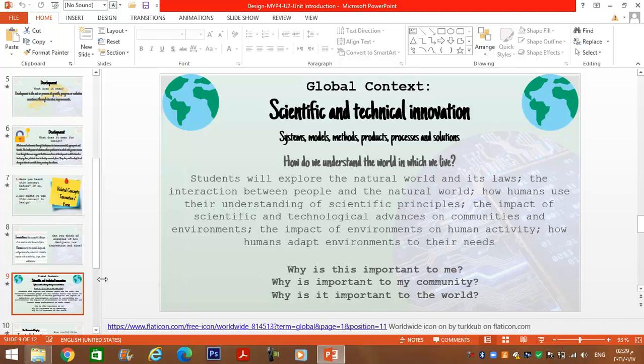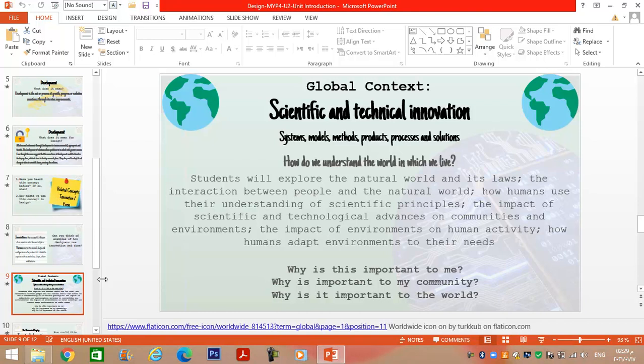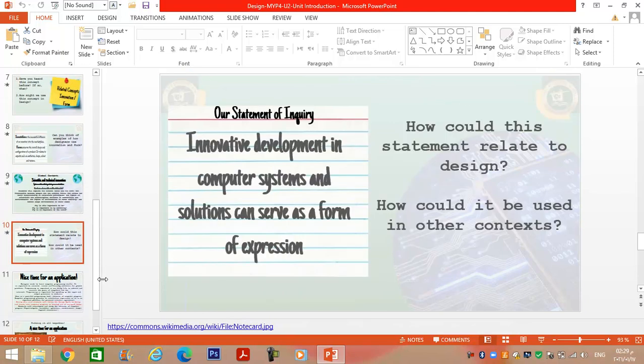So also the impact of human activity on environments, and how humans adapt environments to their needs. It's very important to answer these questions: why is this important to me, why is it important to my community, and why is it important to the world? You should answer all these questions.